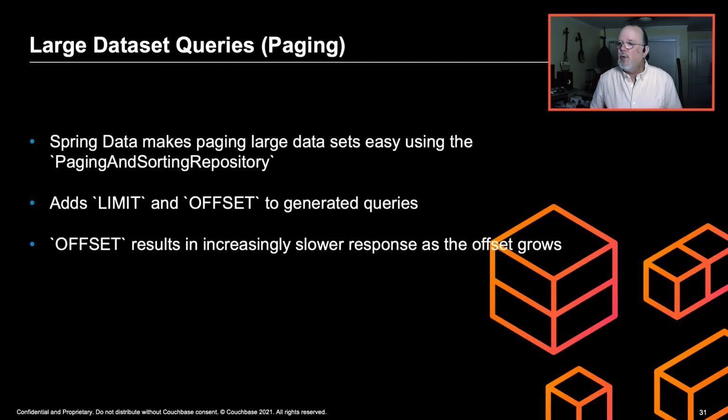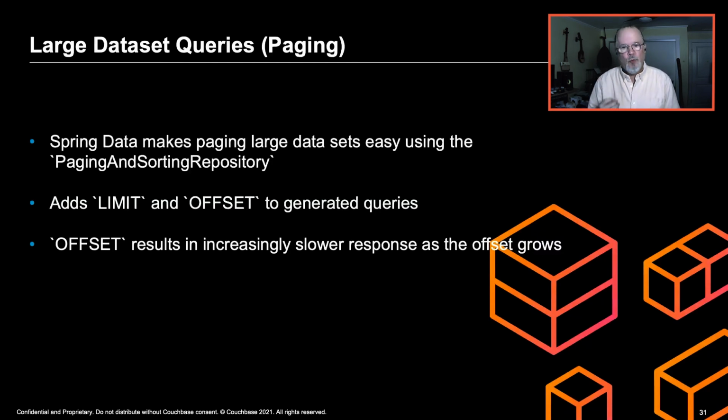So what happens when you've got a very large data set that you need to do paging on? How can we use this here? Spring Data does make paging large data sets very easy with the paging and sorting repository. You just extend that with your interface for your repository, and it automatically adds limit and offset to your generated queries.